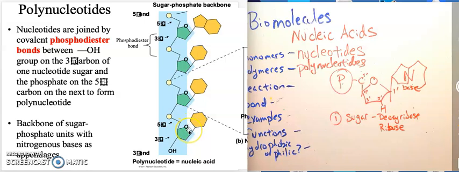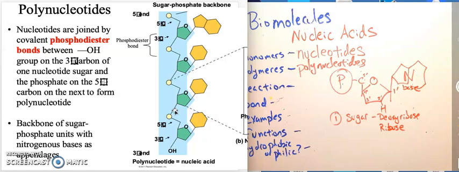These are pentose sugars that make up nucleotides. The 1' carbon is where the base is attached. The 2' carbon tells us whether it's DNA or RNA. 3 is here, 4 is here, 5 is here. The phosphate group is attached to the 5' carbon. The linkage between one nucleotide and the next is the 3' carbon on one nucleotide joining to the 5' phosphate group on the next nucleotide. The linkage between the two is called a phosphodiester bond.